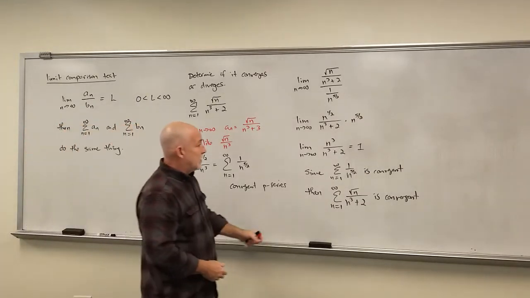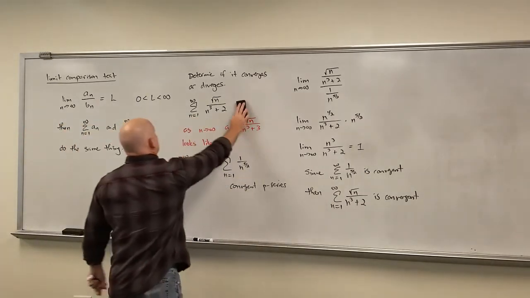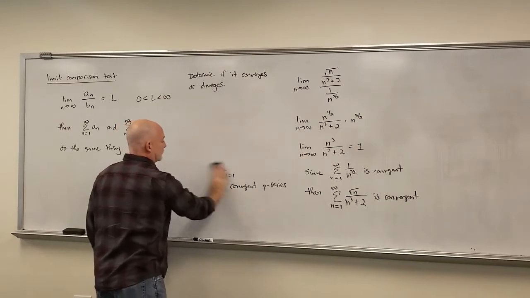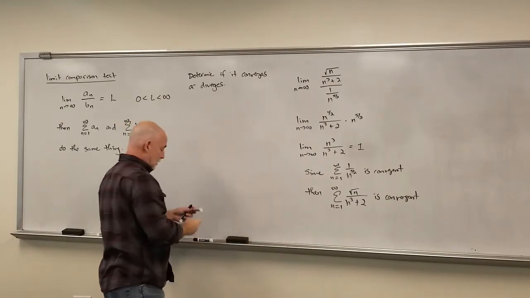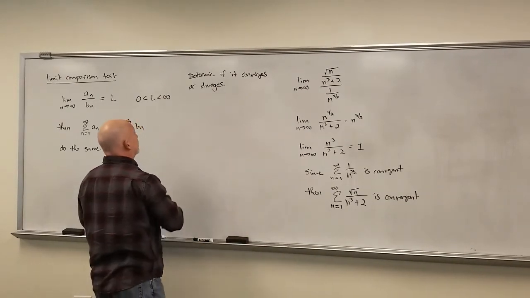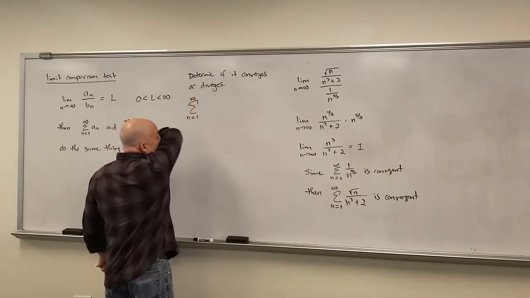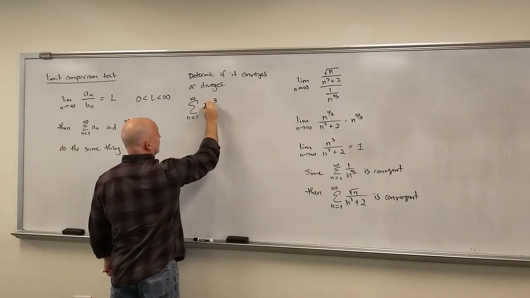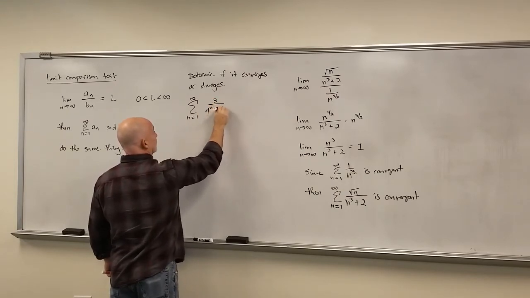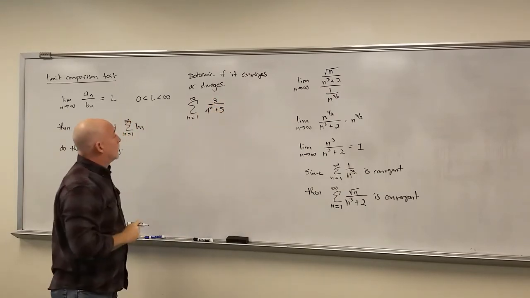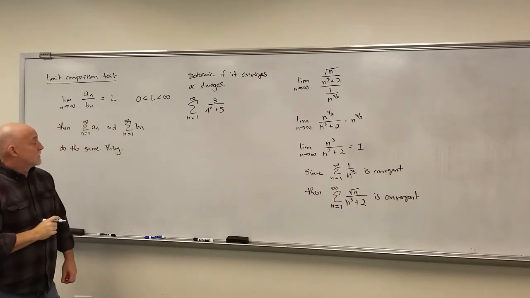Let's try a couple more here. Let's just get this out of the way. Let's say we have something like the sum n equals 1 to infinity of 3 over 4 to the n plus 5. Okay, what do we think that this is going to do?